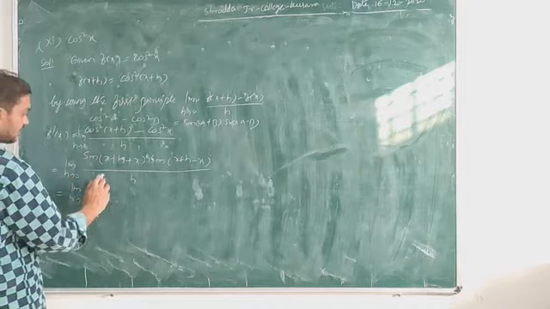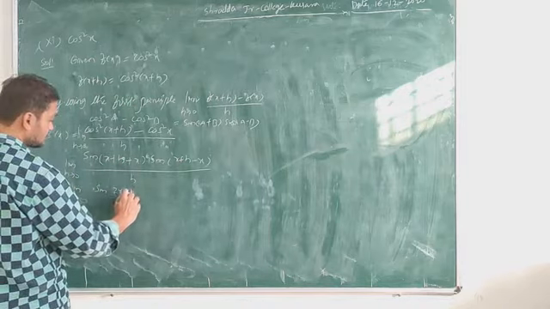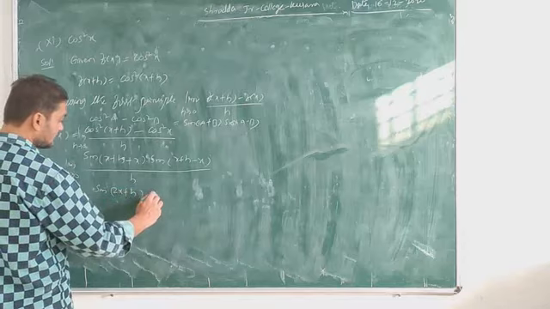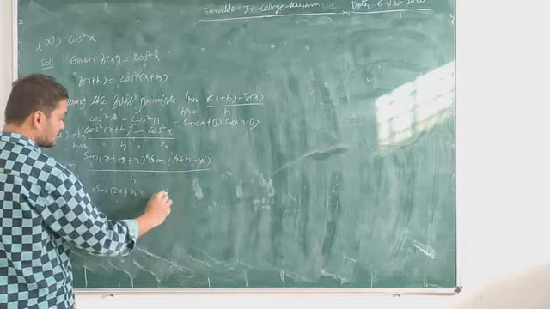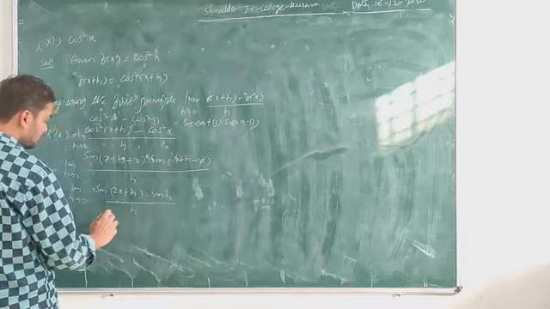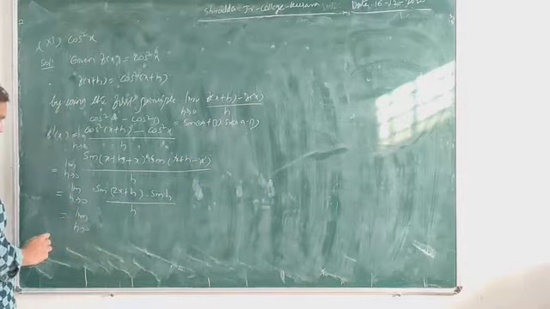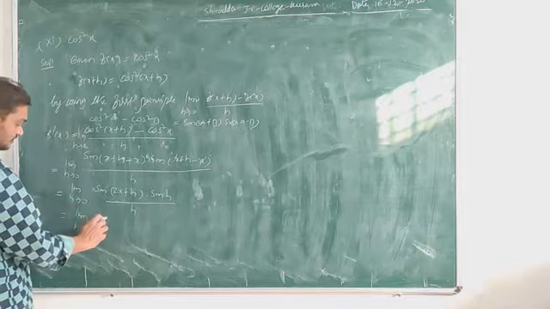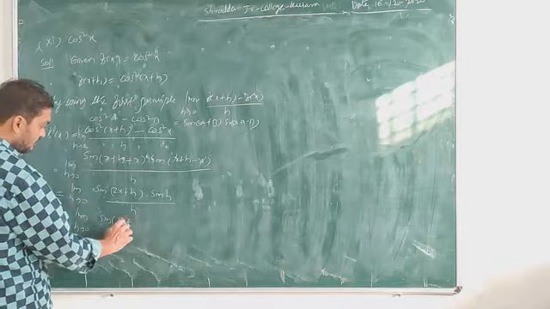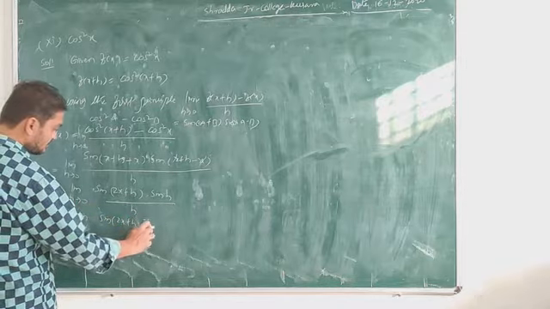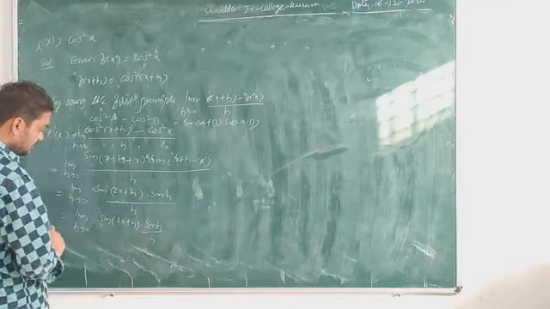So sin(x+x+h), that is 2x+h, into sin(x+h−x), x minus x gets cancelled, by h. So this is equal to limit h tends to 0, sin(2x+h) into sin h by h.